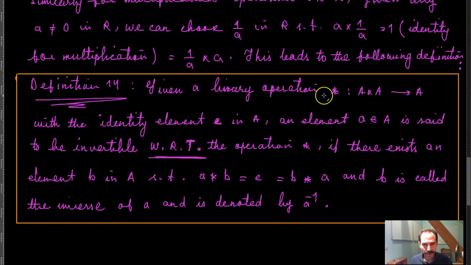Here we are saying that given a binary operation star on A with the identity element E in A, meaning that the identity element does exist in A, an element a belonging to A is said to be invertible with respect to the operation star if there exists an element b in A such that a star b is equal to e is equal to b star a, and then b is called the inverse of a and is denoted by a inverse.